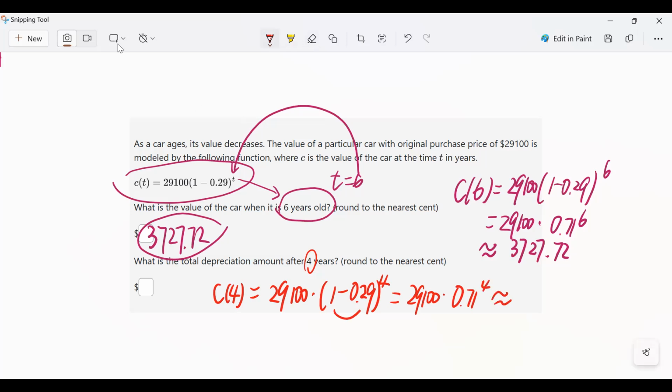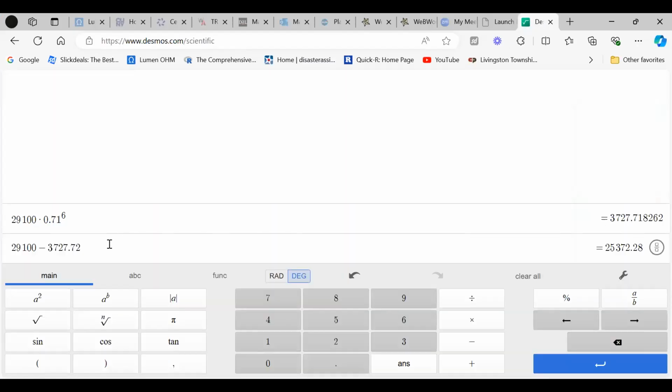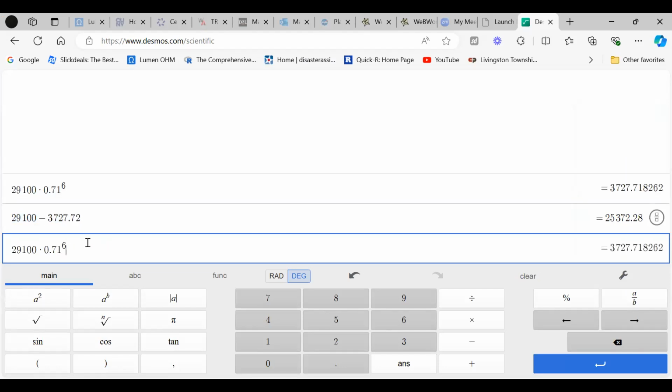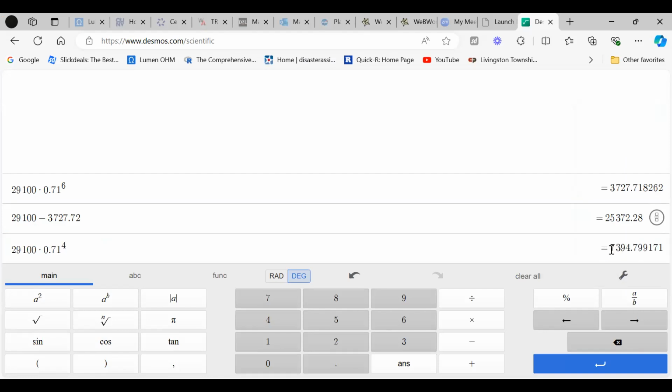Again, I'm going to show you how to do it in this online scientific calculator. You can even copy the formula if you don't want to retype it, and just change the power to 4 on top. You get 7,394.80.